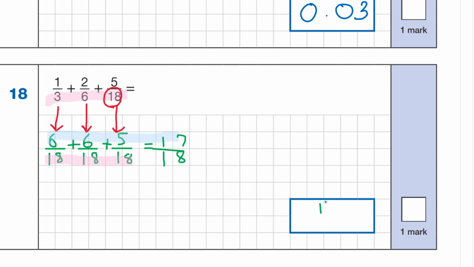Our final answer is 17 over 18. I also know that because 17 is a prime number, I can't simplify this anymore. 17 is a prime number, 18 is not in the 17 times table, so I know that that answer is the final answer.